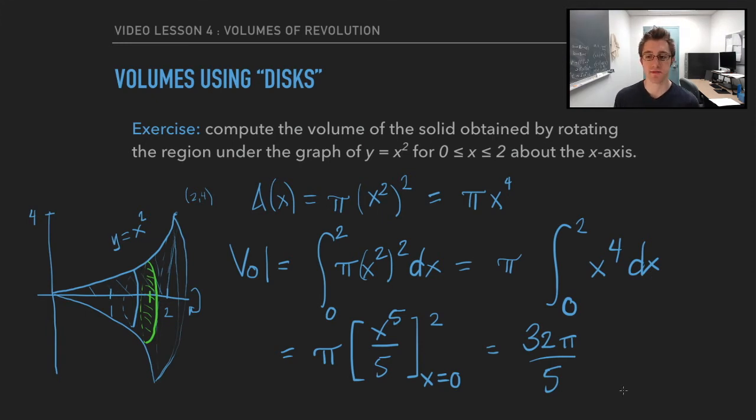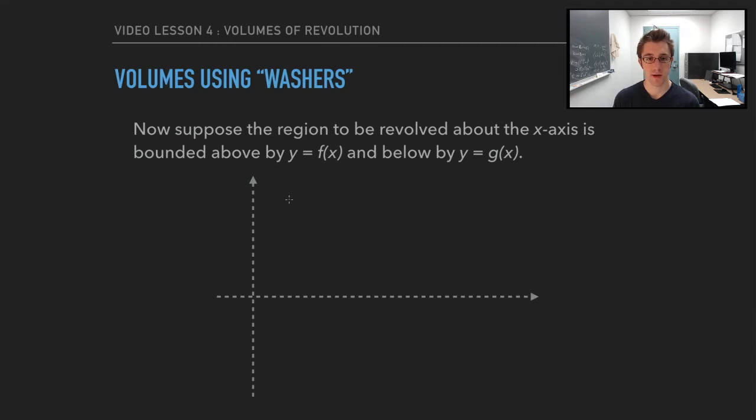Okay, so let's make things a little bit more complicated. Now I'm going to do the same thing where I revolve a region around the x-axis, but the region is going to be a little bit different. So now I have a region that's bounded above by the graph of f of x. Previously the region was bounded below by the x-axis.